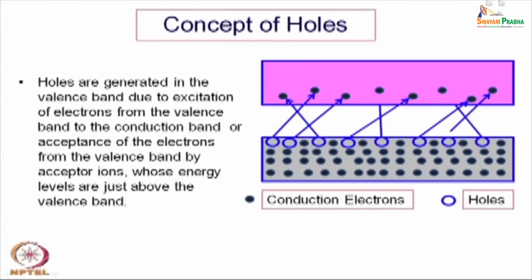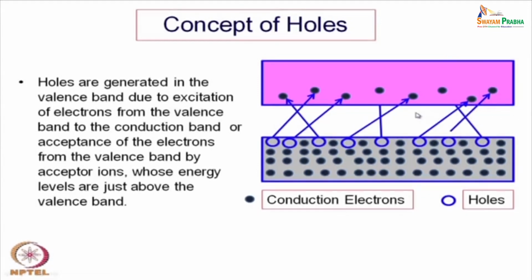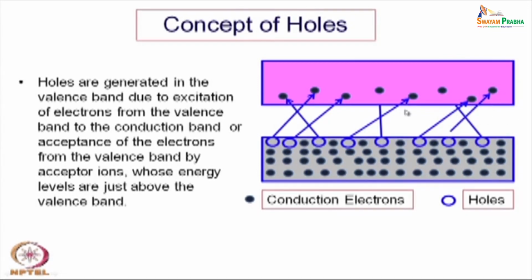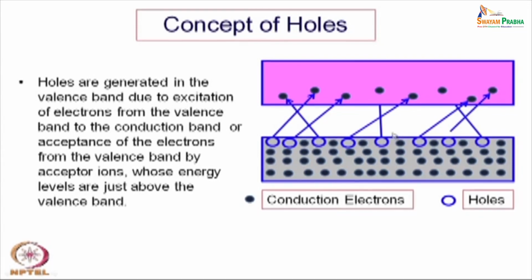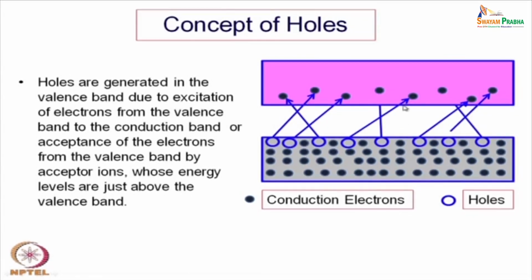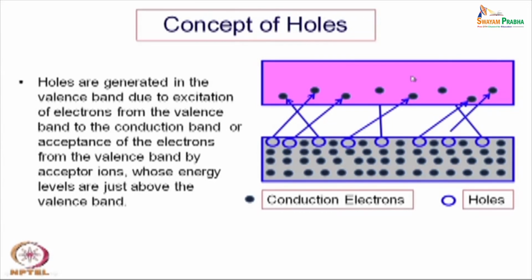Sometimes the energy level of the impurity is very close to, just below, the conduction band, in which case it will donate electrons, and its ionization potential will be low. So, it will donate electrons to the conduction band. It will not create holes here, but by that process also it increases the charge carrier concentration. So, these are the two different processes.